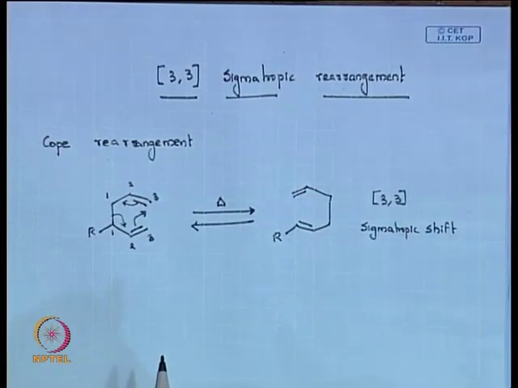Now, if someone argues that this Cope rearrangement goes by free radical, and does not go by transition state chemistry, any idea how you can say that argument is wrong?